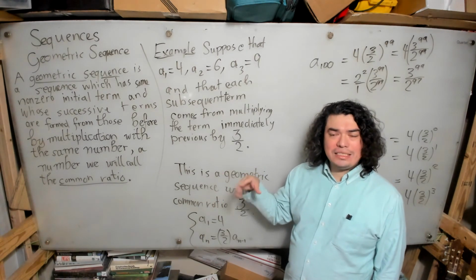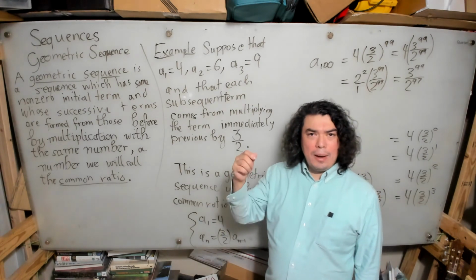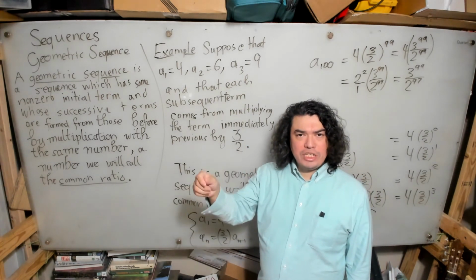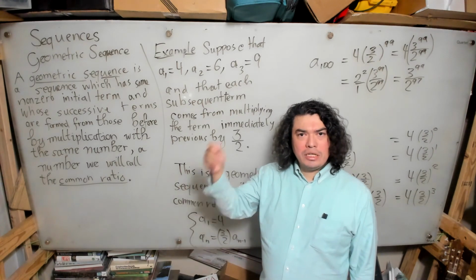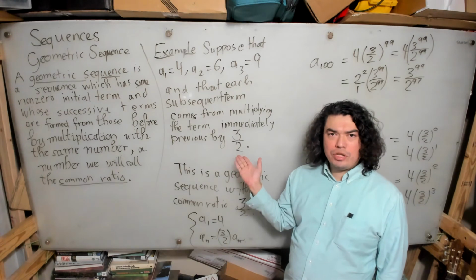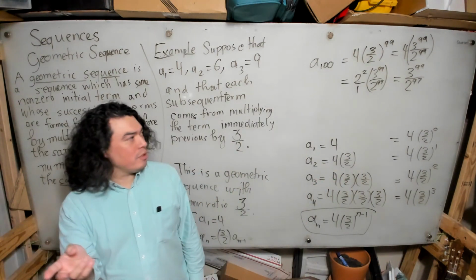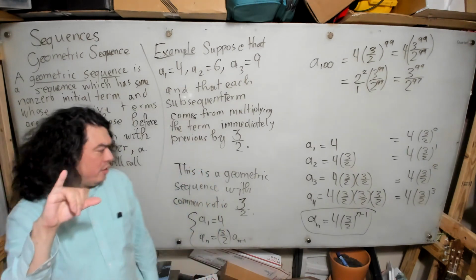And that's why it's called a common ratio, because for any pair of consecutive terms in the sequence, the subsequent one divided by the previous one will always simplify to the common ratio. And if that were not true, then it would not be a geometric sequence. We saw that, and that's number one.